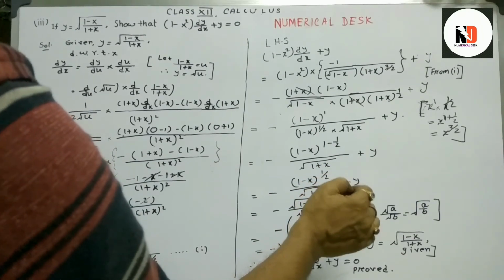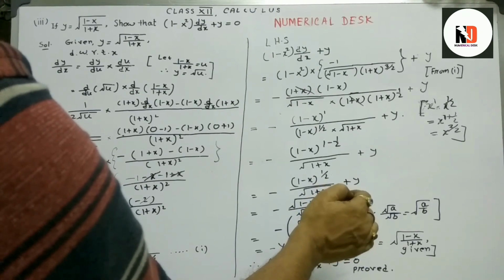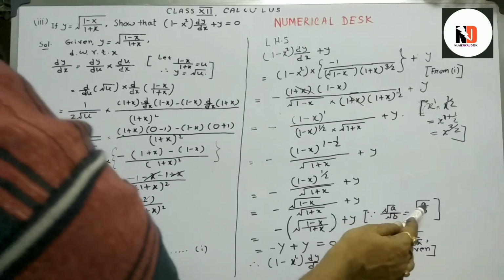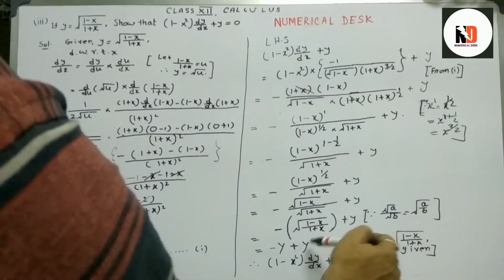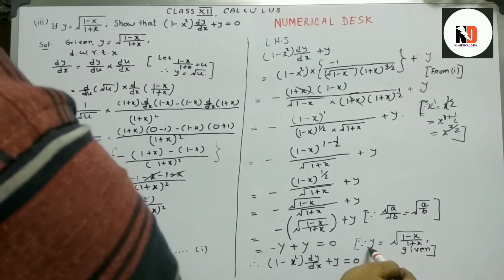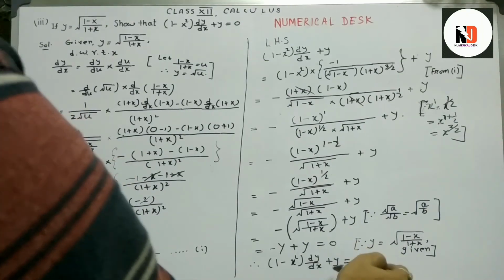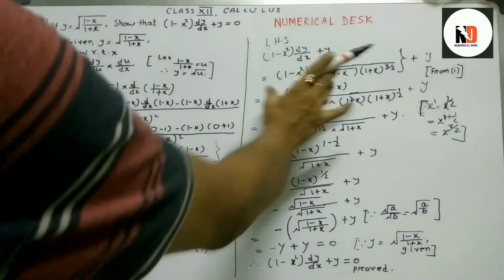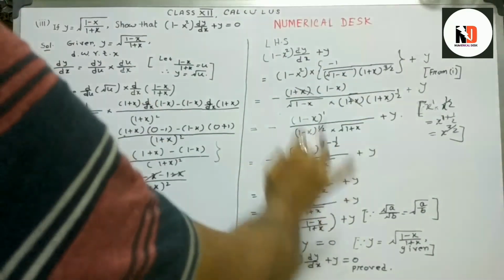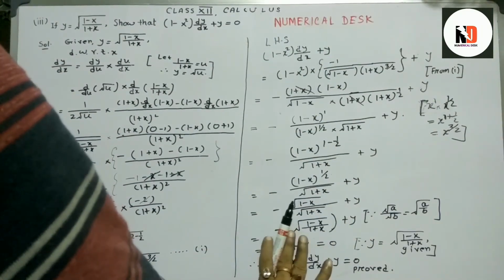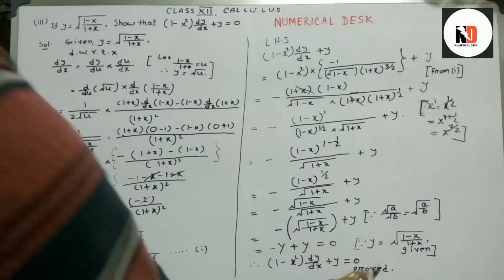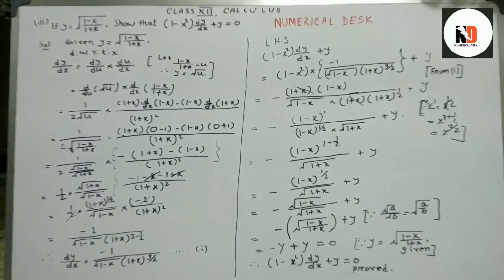So only in the numerator 1 minus x whole to the power half, in the denominator 1 plus root x. So arranging this we get minus root over 1 minus x by 1 plus x, because root a by root b equals root a by b. But this first part is equal to y given in the bracket. So follow this part carefully, do this, the proof has been done. So very good sum. Thank you very much.